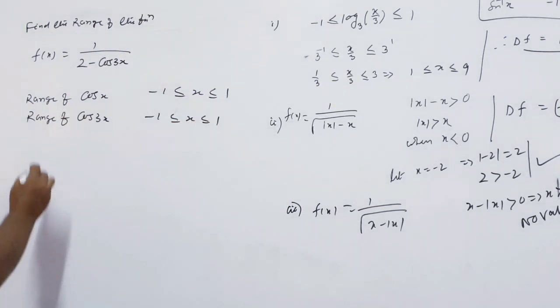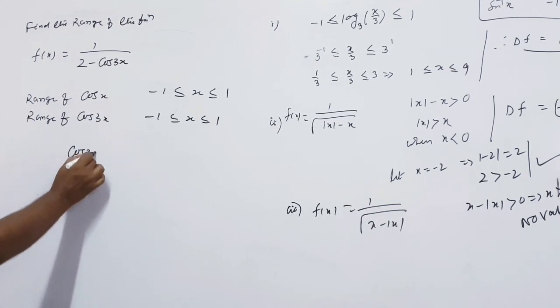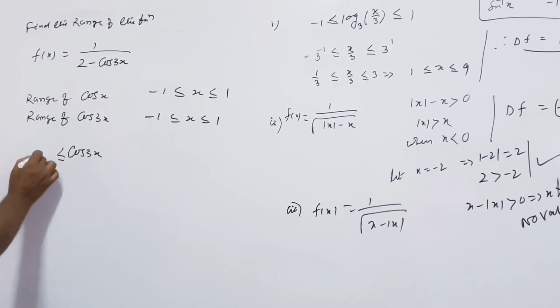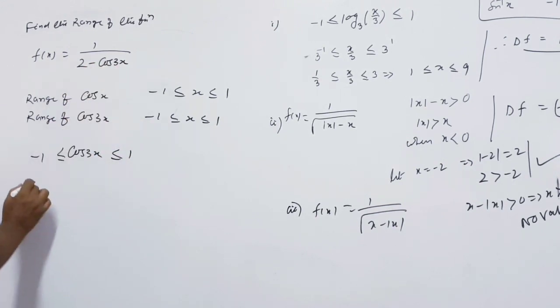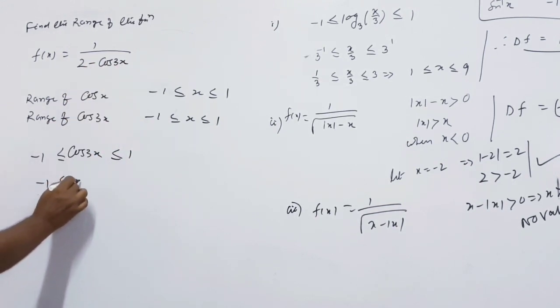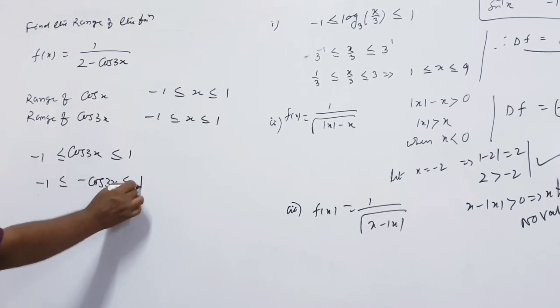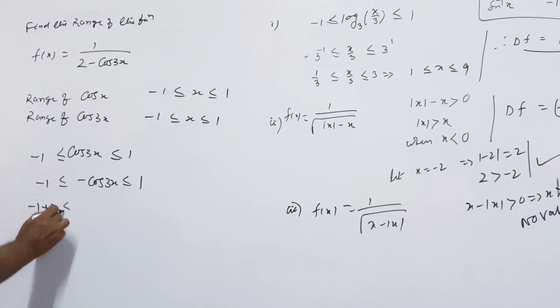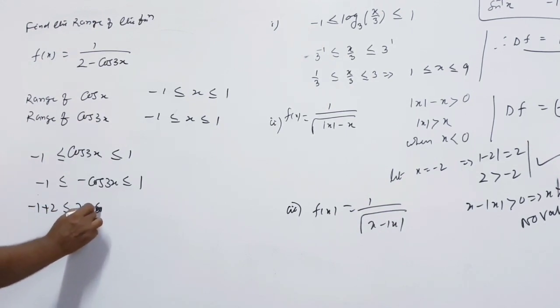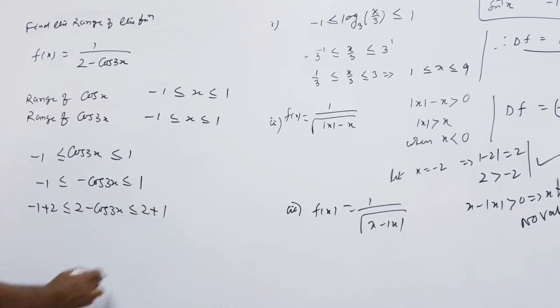Now cos 3x lies between minus 1 and plus 1. If you multiply by minus 1, minus cos 3x is between minus 1 and 1. Now add 2: minus 1 plus 2 is less than or equal to 2 minus cos 3x, which is less than or equal to 2 plus 1.